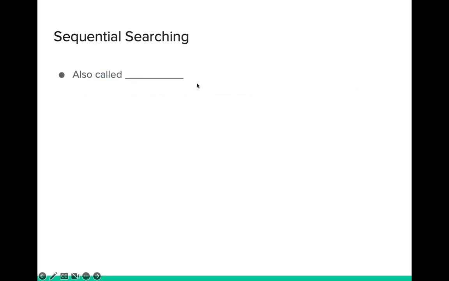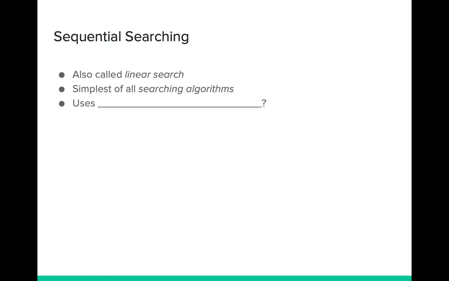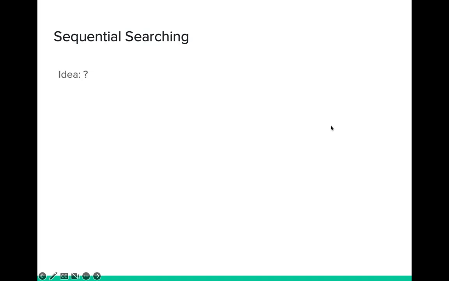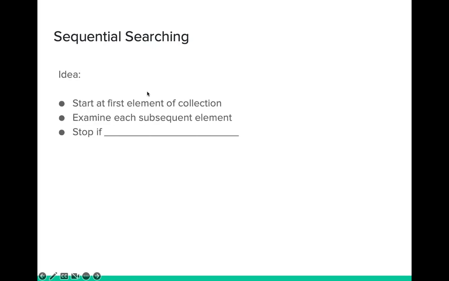The first searching that we are going to discuss is the linear search, or sequential searching. This is actually the simplest of all the searching algorithms, and it uses a brute force approach to locate a target element in a collection. So what is the idea of sequential searching?